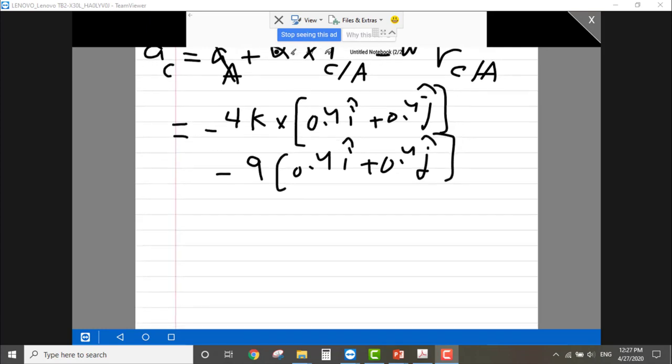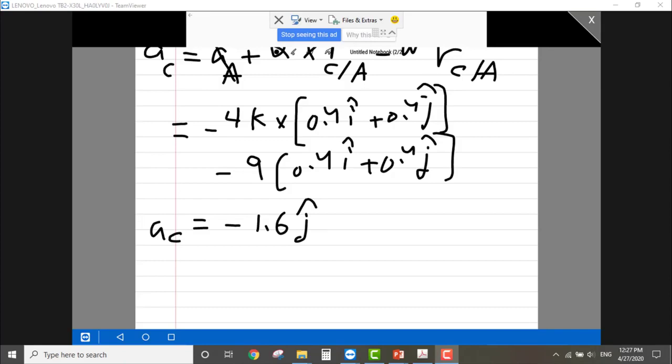Now AC is equal to k cross product I. This is positive, so negative. We have negative outside, so negative 1.6 in the J direction.